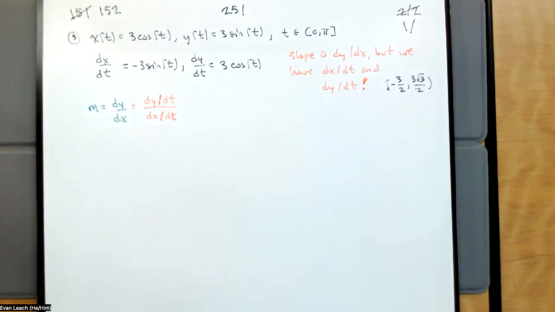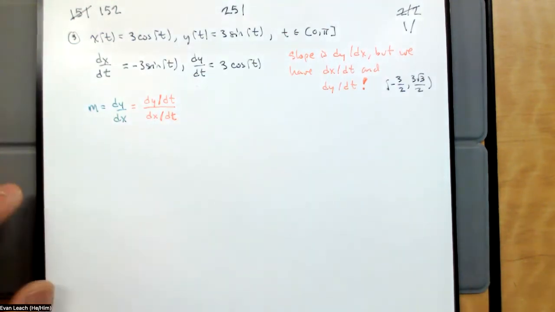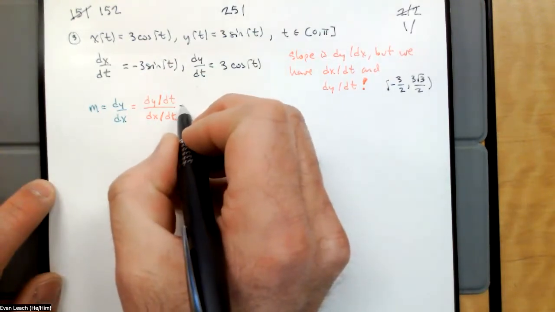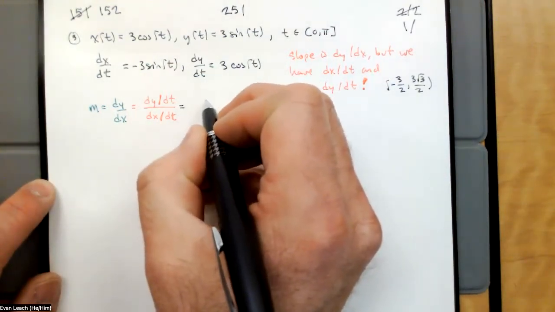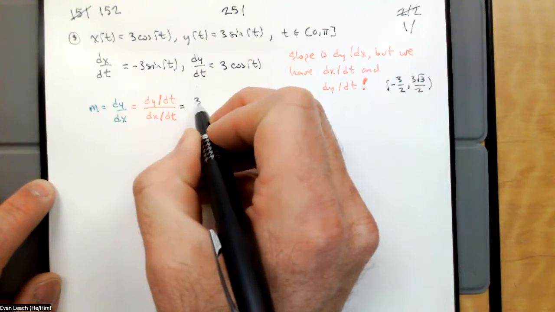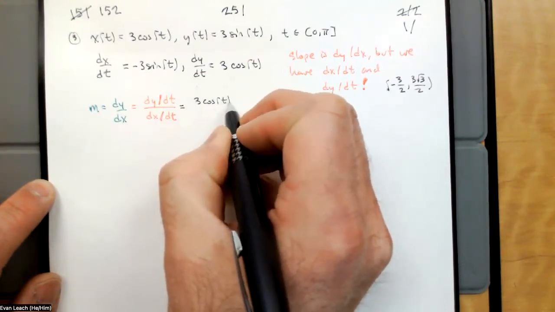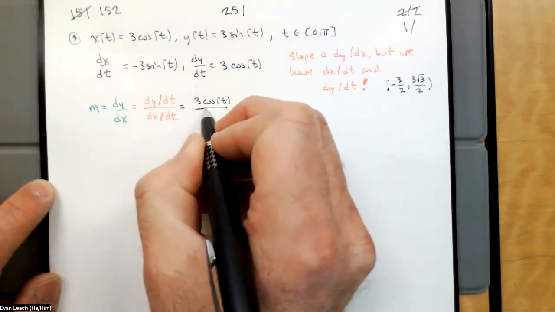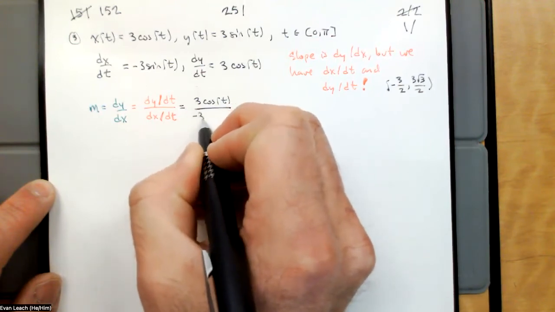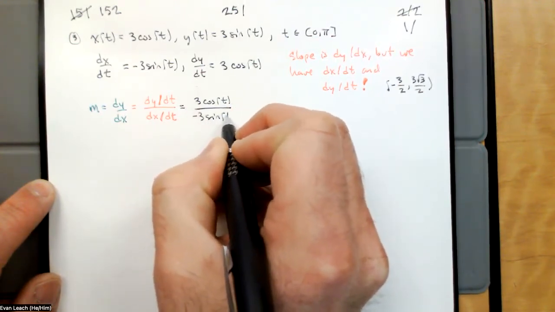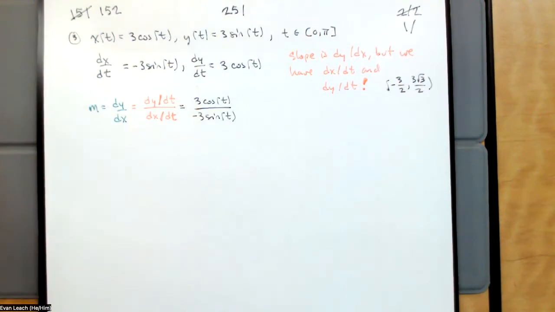So dy dt is 3 cosine t, and dx dt is -3 sine t. If you'll notice what we have here, we got 3 cosine t over -3 sine t. Notice that 3 cosine t is the x and 3 sine t is the y.